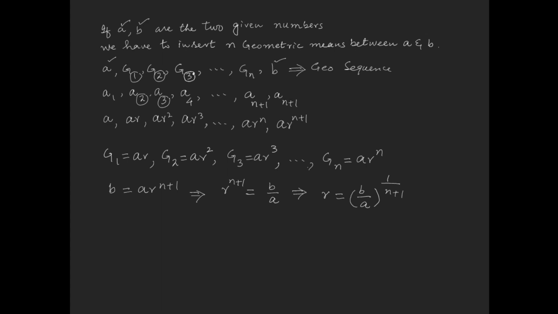And if the geometric mean is the third, then the term is fourth. If it is the nth geometric mean, then the term will be n plus 1. After this the next term is n plus 2. So this sequence has n plus 2 terms in all.